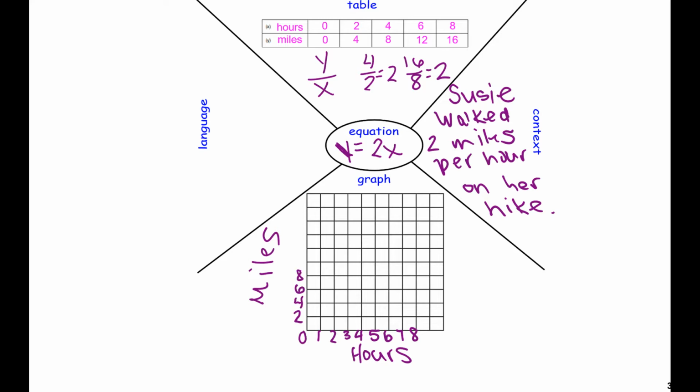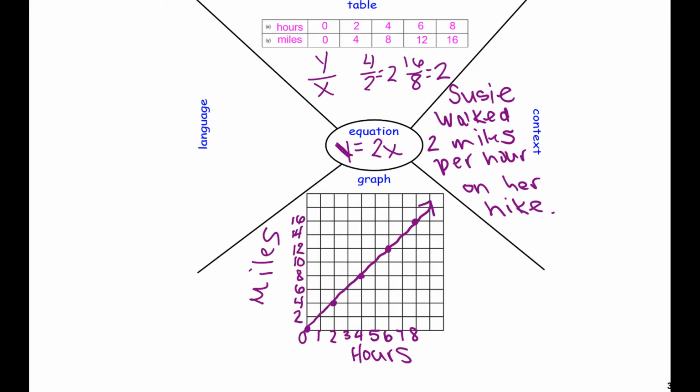So I'm going to go by 2s on the y. Keep in mind you're doing this along with me on your paper. Pause if I go too fast and you're still working on it. And then I'm just going to plot my points. So I'd have 0, 0 down here at the origin. Then I'd have 2, 4 right there, 4, 8 right there, 6, 12 right there, and then 8, 16 here. And then you can see my proportional relationship goes to the origin. It's linear, it's a straight line.